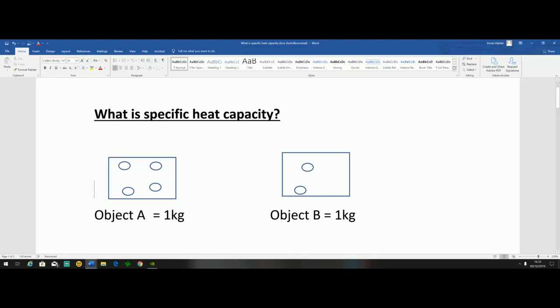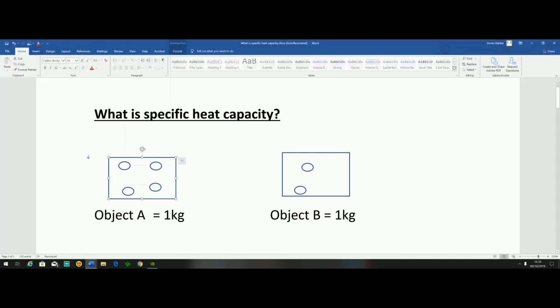Here we've got two different objects, object A and object B, right? And I've used these circles to represent the amount of energy that they can take before it causes a 1 degree change in temperature. So the key is 1 degree change in temperature.